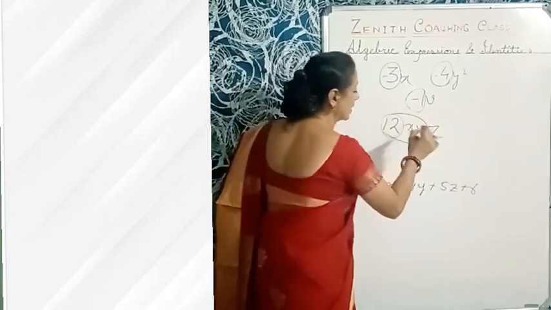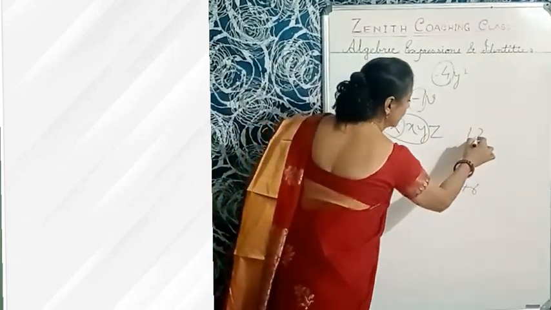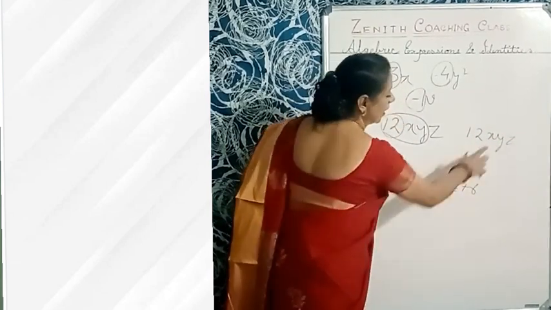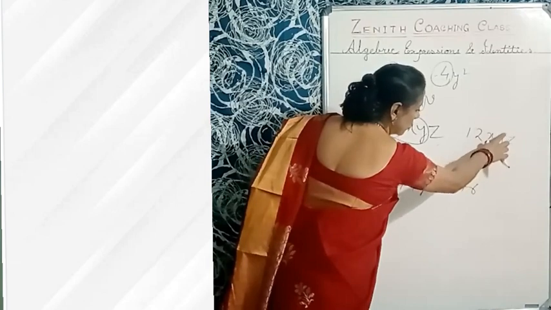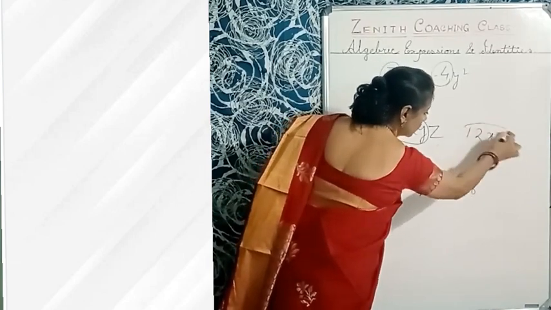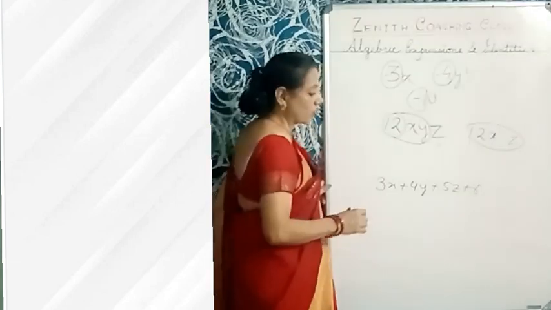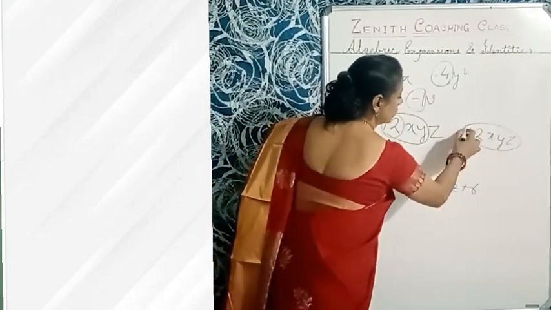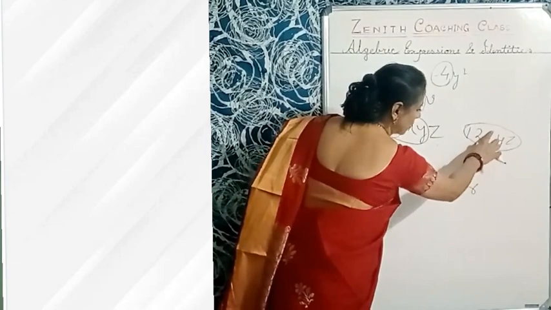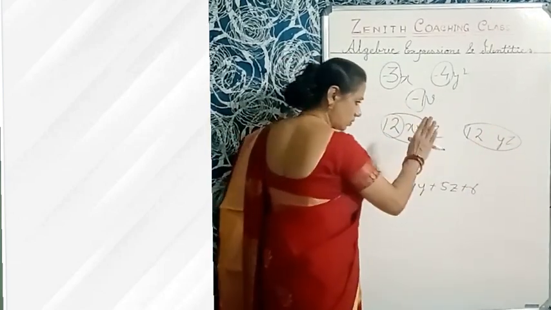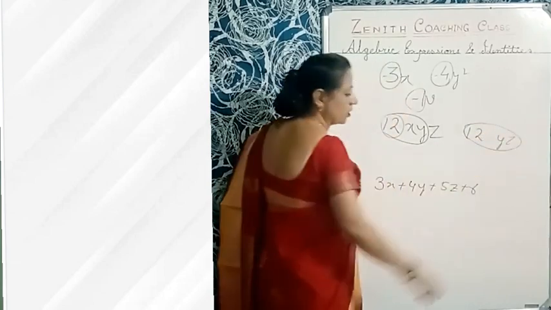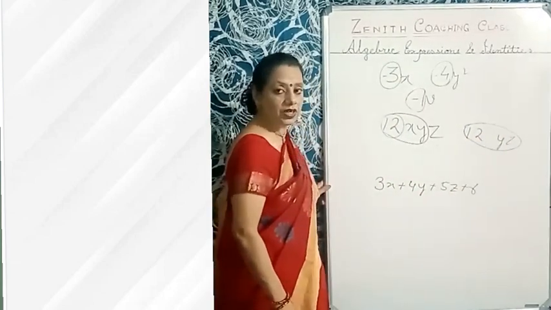What is the coefficient of y in 12xyz? Leaving out y, the rest is 12xz. That is the coefficient of y. If I ask in 12xyz what the coefficient of x is, leaving out x, what remains is 12yz. So 12yz is the coefficient of x.